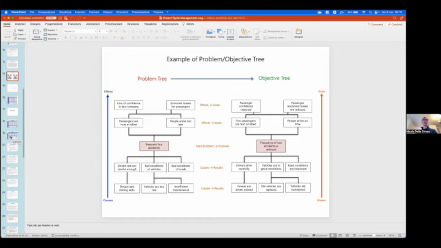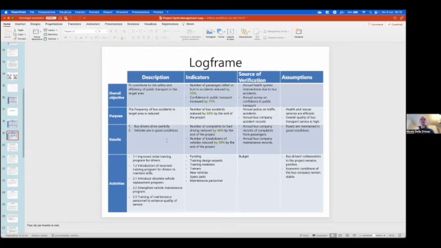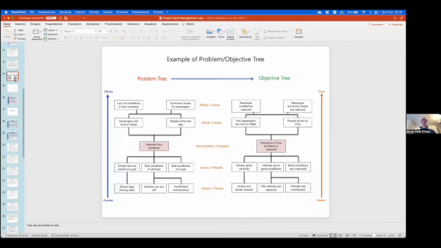So this result has been, in this case, stated as bus drivers drive carefully. So we take the main idea, the main result we want to obtain in this line. The second line that we selected is the one concerning the state of the vehicles.